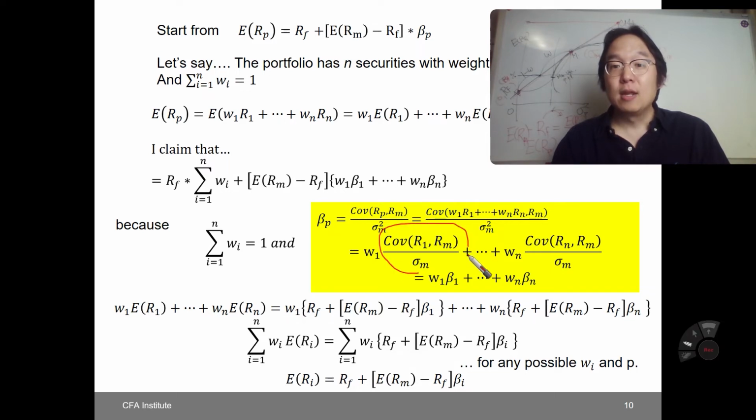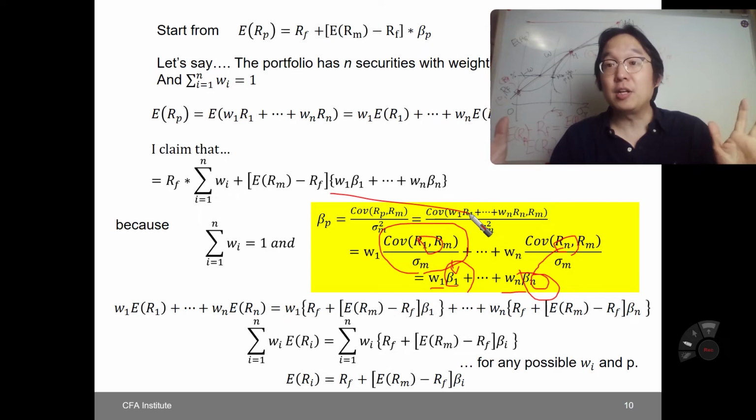That will be represented by beta. Beta 1, beta 2, beta 3, and beta n. Make sense? So we switch everything into beta, and then weight remains over there. So what's the consequence? Well, it becomes a linear combination of betas all the way down.